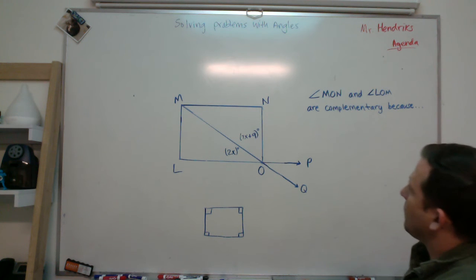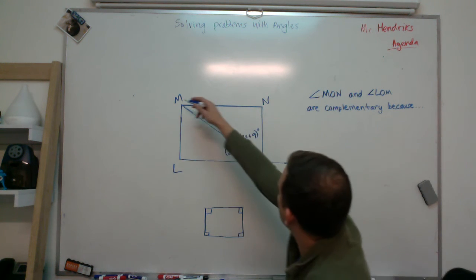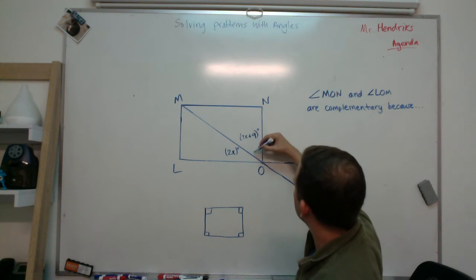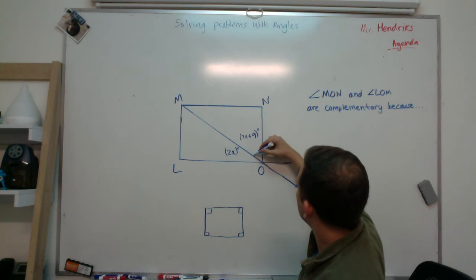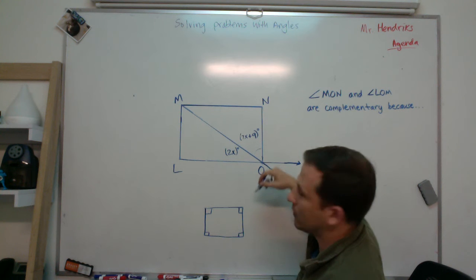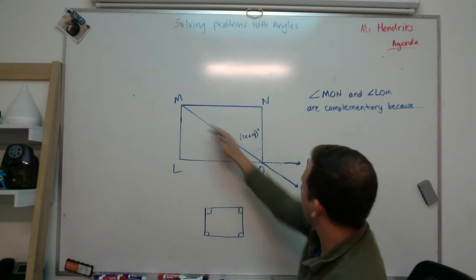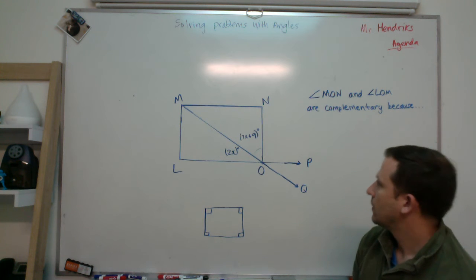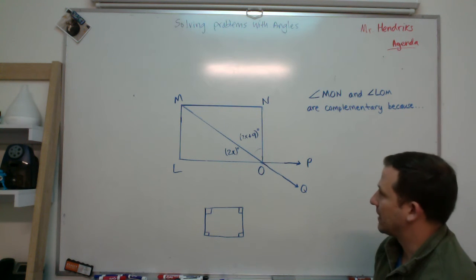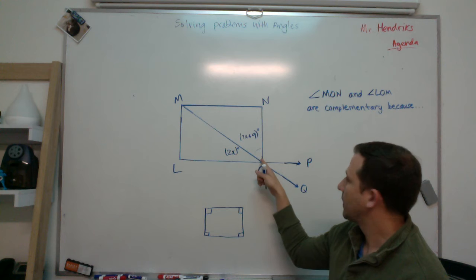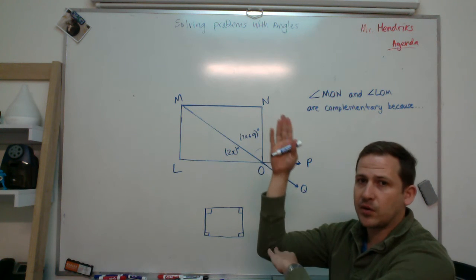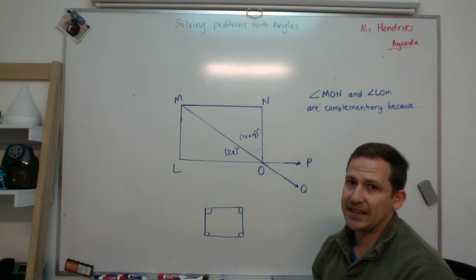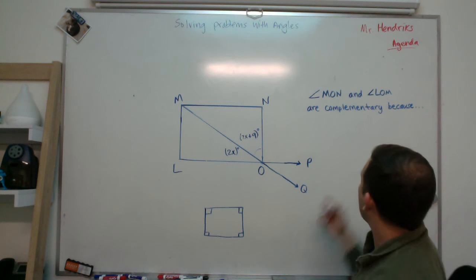So the first question asks, how do we know that angle MON, that's this angle here, and angle LOM, this angle here, are complementary? Well, they are kind of jammed in a corner here, and we know that a perfect corner is perpendicular, which makes 90-degree angles.